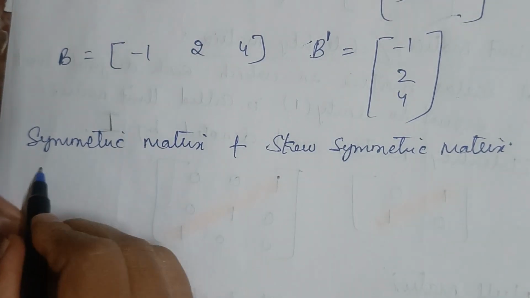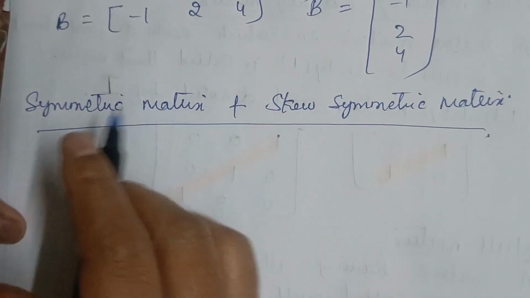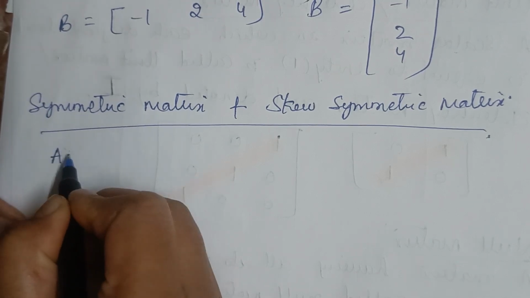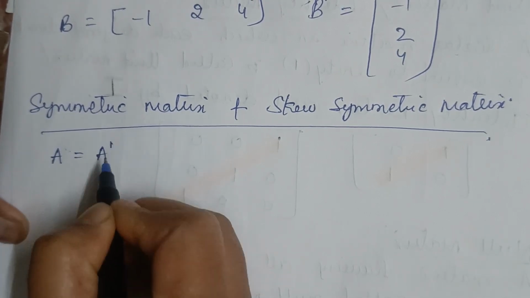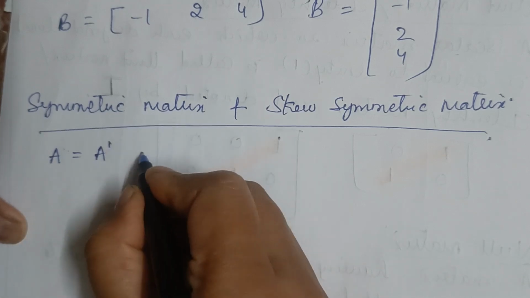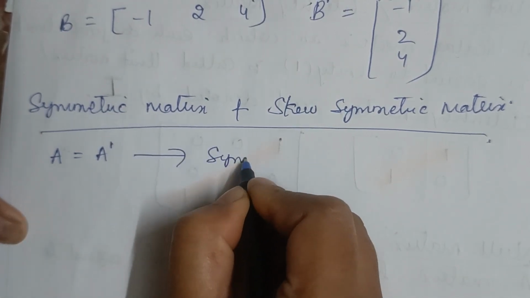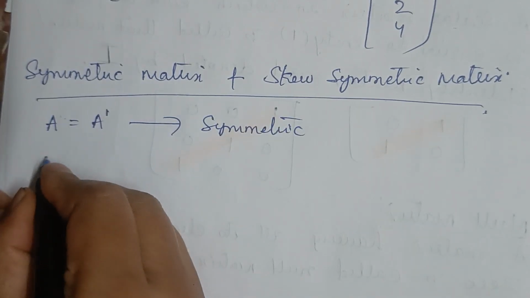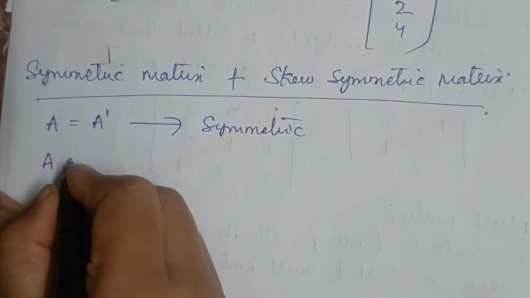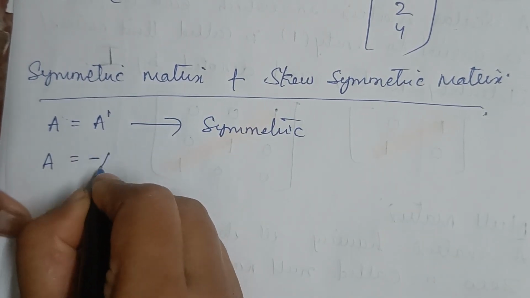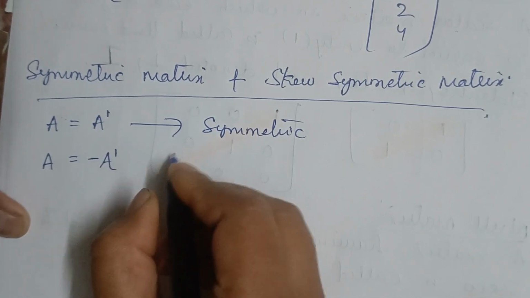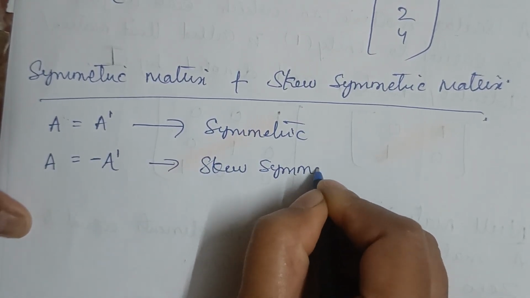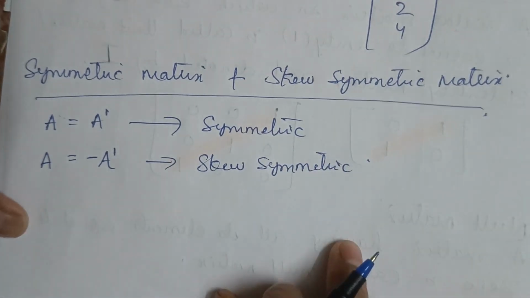Consider a square matrix A. If it is equal to the transpose of matrix A, then it is symmetric. And if this matrix A is equal to the negative of A transpose, then it is called what? Skew-symmetric.